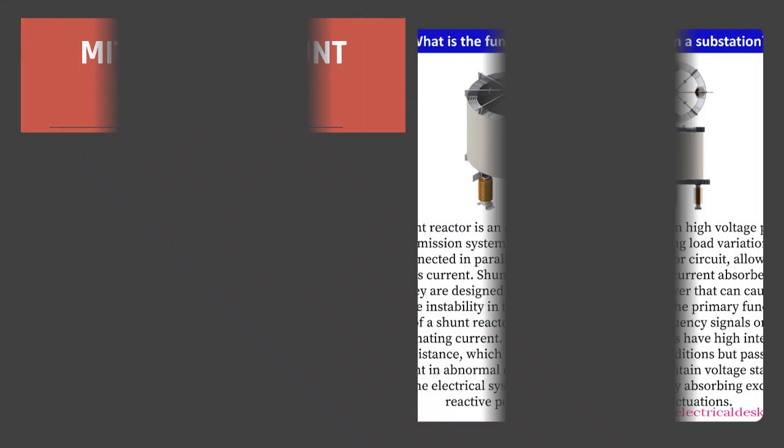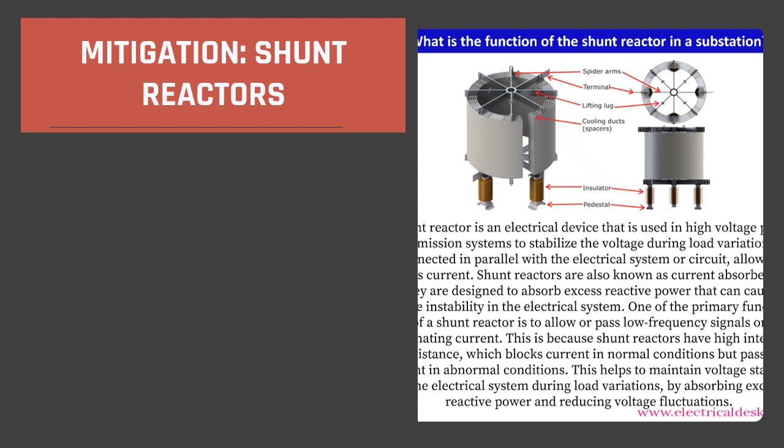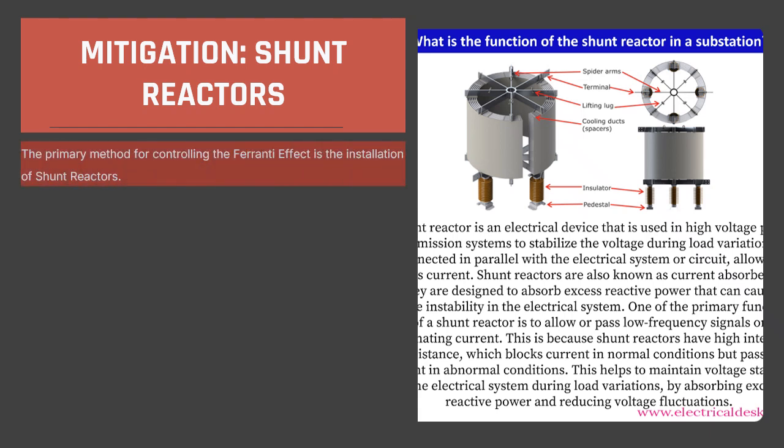Mitigation. Shunt reactors. The industry standard, and most common, solution for the Ferranti effect is the installation of shunt reactors. Shunt reactors are large inductive coils connected in parallel, shunt, to the transmission line, usually at the receiving end.